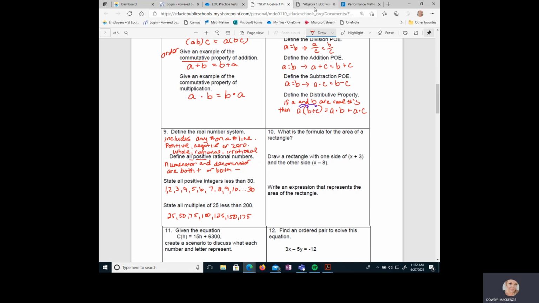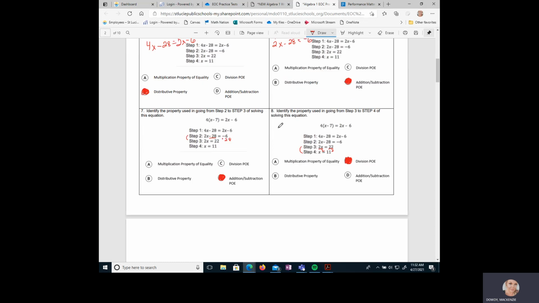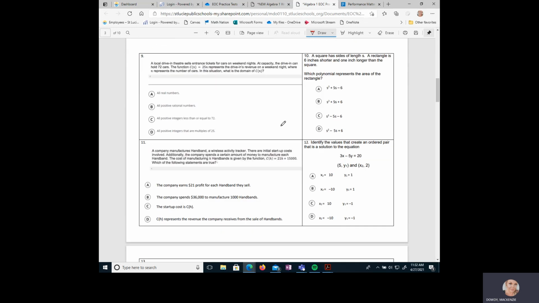Now come over here to our question for number 9. And it asks us about a local drive-in theater that sells entrance tickets for cars on weekend nights. At capacity, the drive-in can hold 72 cars. The function C of n equals 25n represents the drive-in's revenue on a weekend night, where n represents the number of cars.